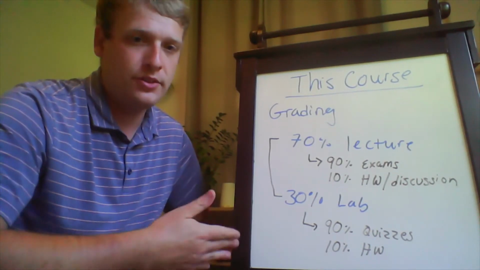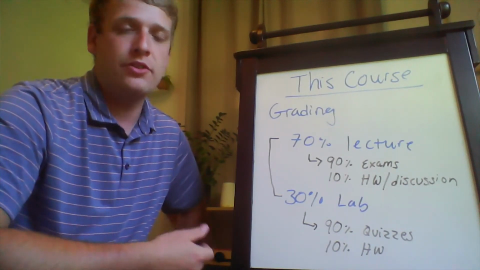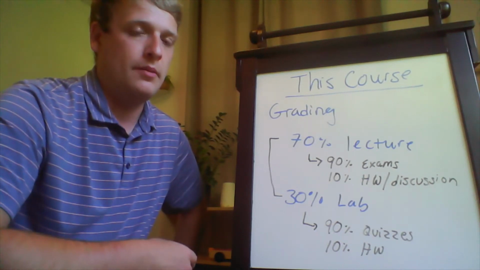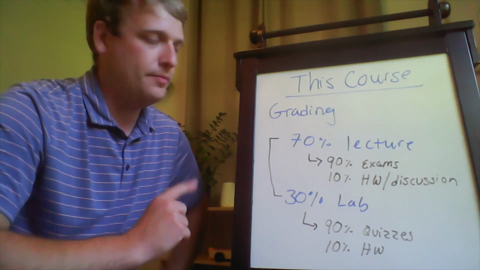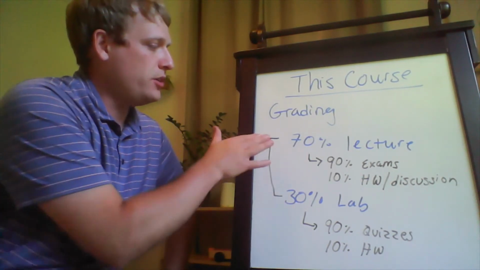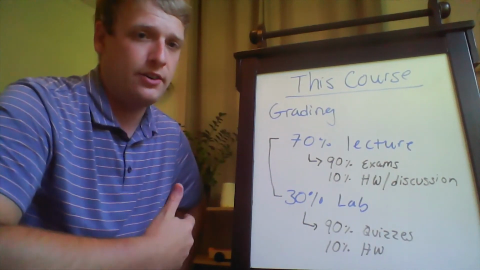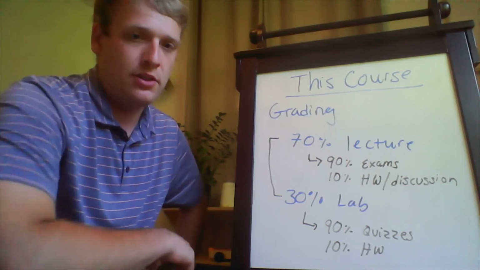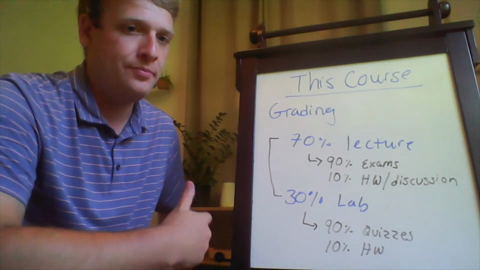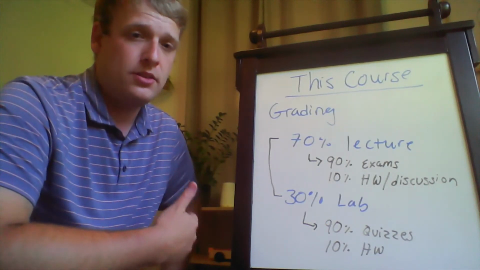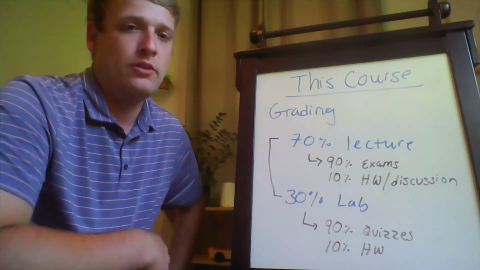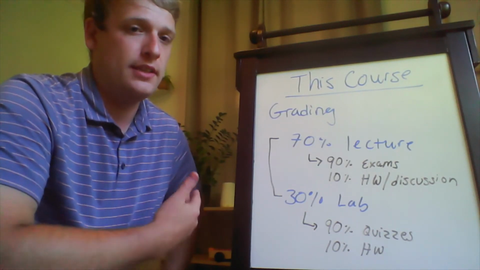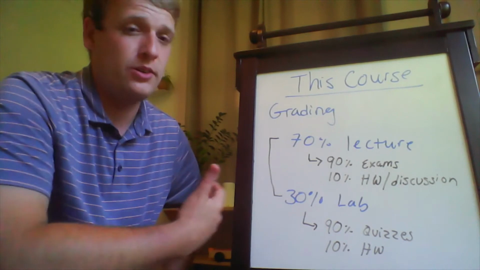So after the semester is over, or after this summer term is over, you will have one grade. And that one grade is going to come, 70% from your lecture, and 30% from lab. So lecture counts a great deal more toward your final average calculation than lab does, but lab is also a significant chunk.